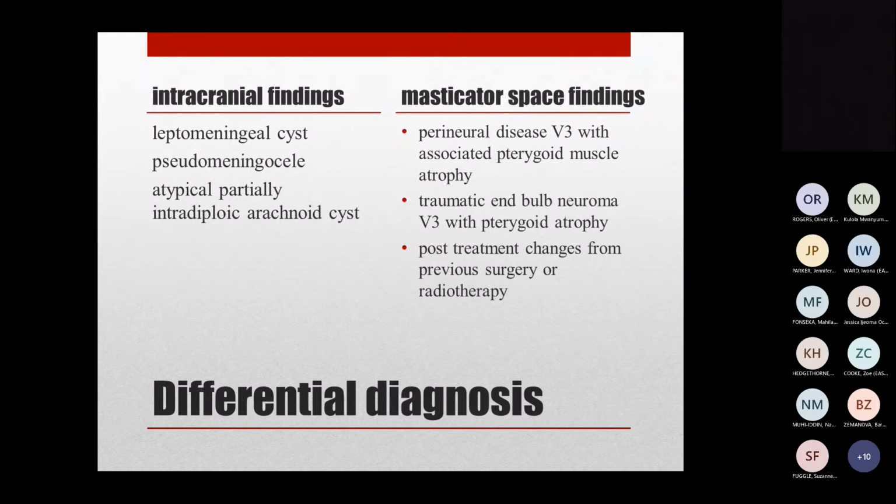And in terms of the masticator space findings, is this some sort of perineural disease along the V3 branch of the trigeminal nerve from an unknown oral cavity primary? Could this be a traumatic end-bulb neuroma of the V3 branch of the trigeminal nerve, which resulted in atrophy after the patient's previous trauma? Or is there some surgical history that we're unaware of, or history of radiotherapy?